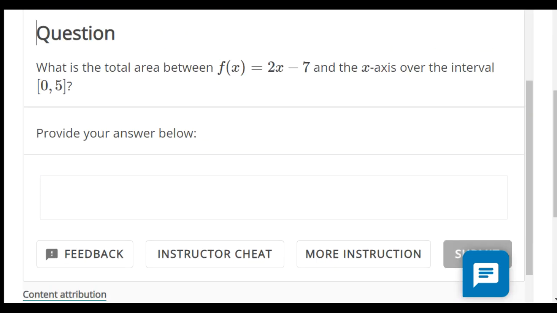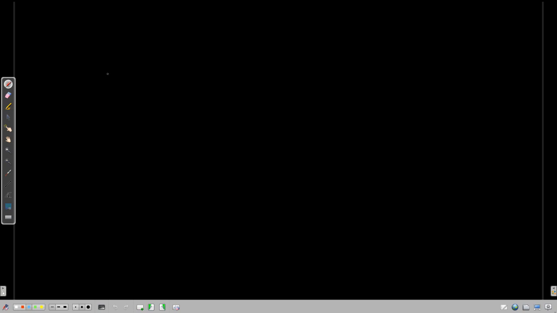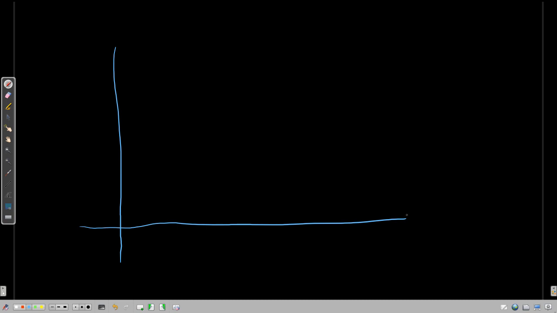What is the total area between that line and the x-axis on the interval from 0 to 5? So what they would want me to do there is, even if it dipped below the x-axis, I should not have that area be negative, right? That line had a y-intercept at minus 7, had a slope of 2.